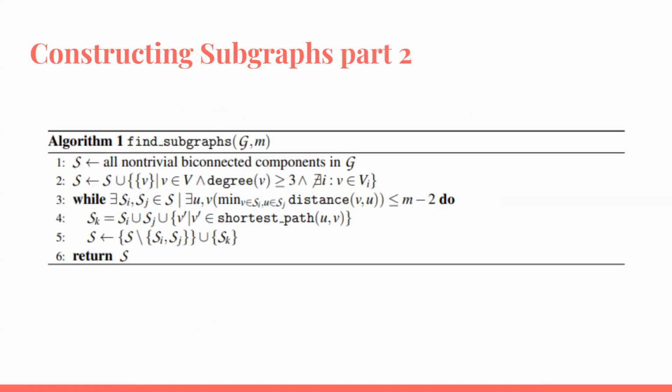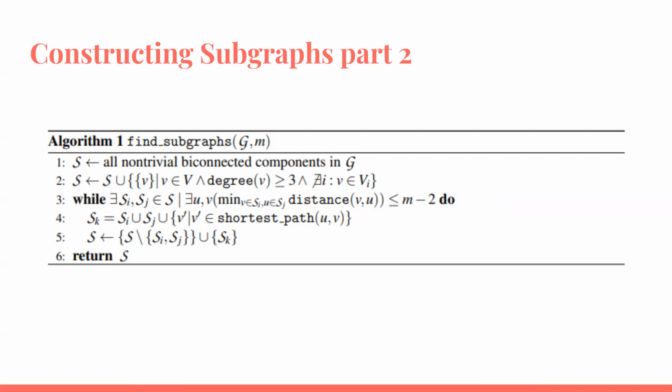So first, we find all the non-trivial biconnected components. If we removed a vertex, the graph would separate, which is like the opposite of biconnected. Biconnected graphs all have vertices of a degree high enough where we won't break it apart into multiple graphs if we removed a single vertex.